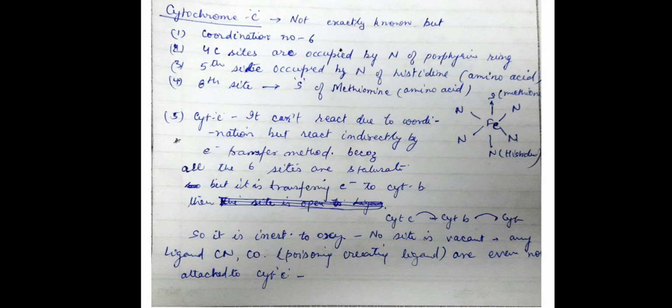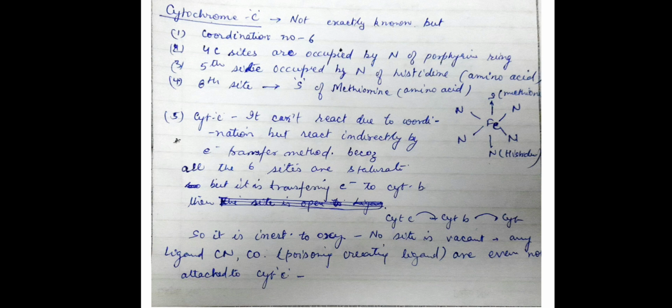Now, what is cytochrome C? The structure of cytochrome C is not exactly known, but books have a simple structure of cytochrome C. It has coordination number 6. You see here on the right, the iron is bound with 1, 2, 3, 4, 5, 6 groups, having 5 nitrogen.